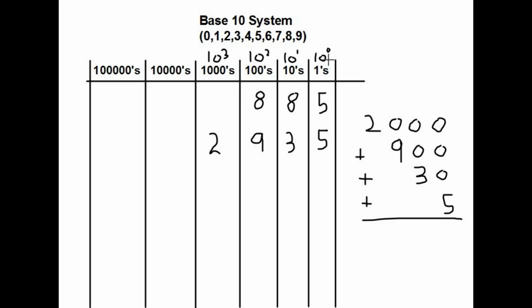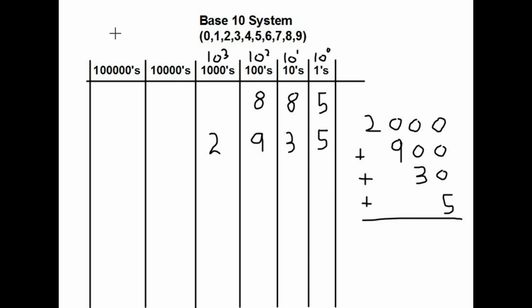In binary, it will change like 2 raised to the power 0, 2 raised to the power 1, 2 raised to the power 2, and 2 raised to the power 3. In the octal system, it will be like 8 raised to the power 0, 8 raised to the power 1, 8 raised to the power 2, 8 raised to the power 3, and so on.